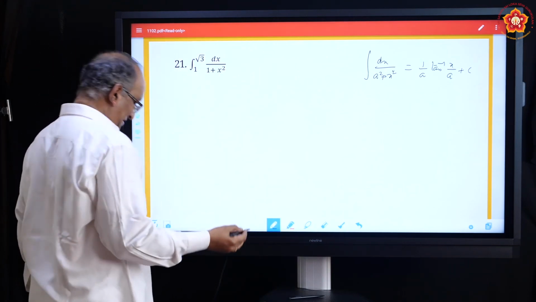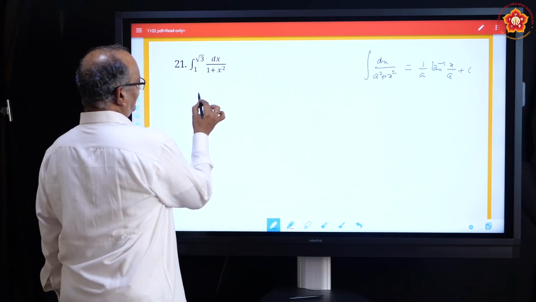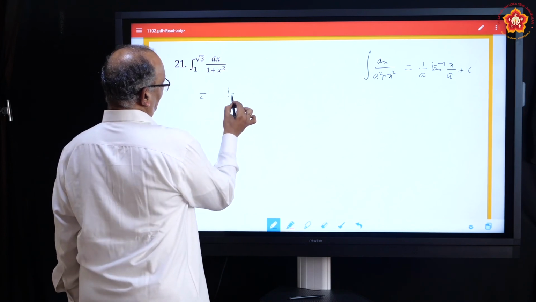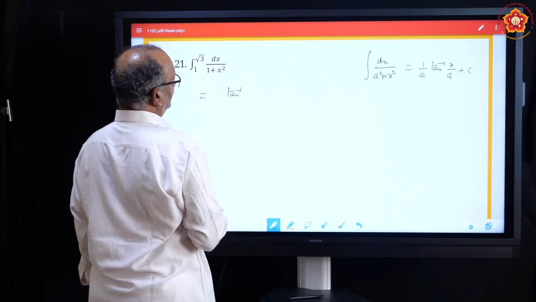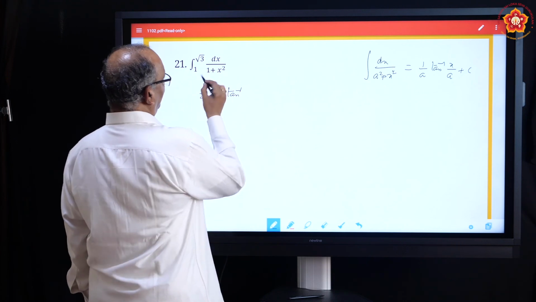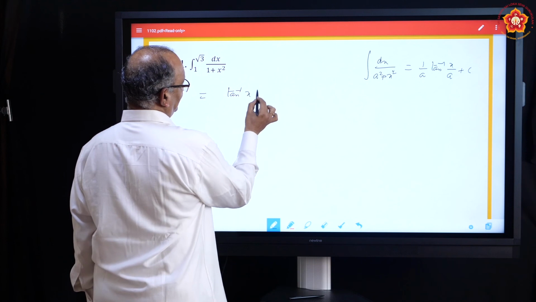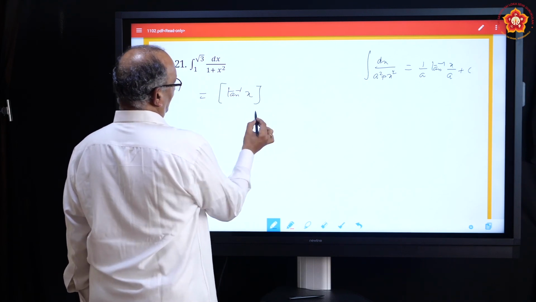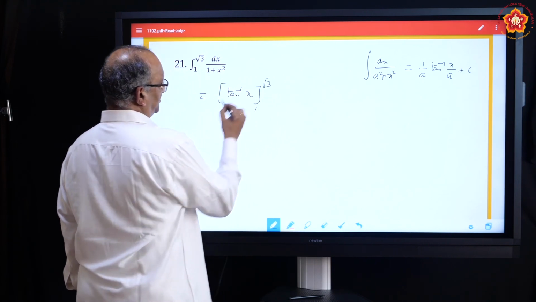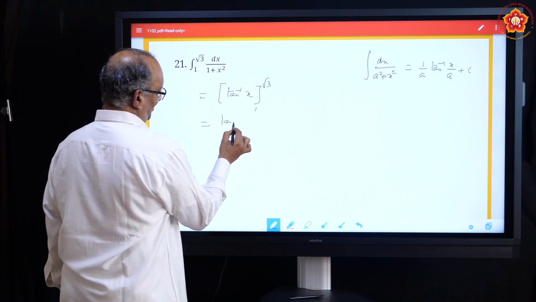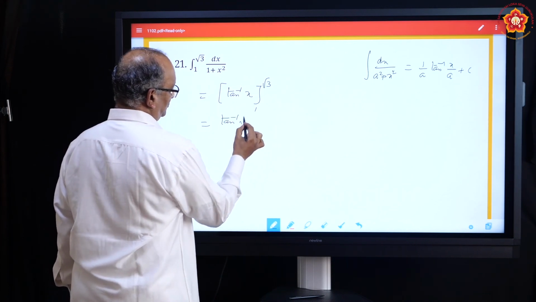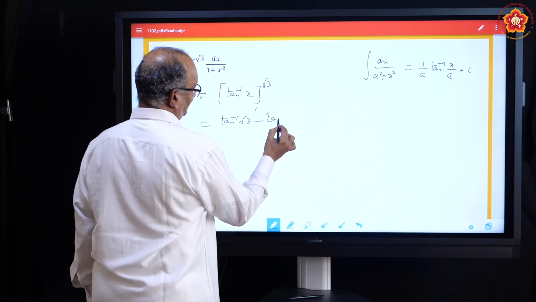So our job is much easier. So what is it? It is tan inverse 1 by a, which is anyway 1, tan inverse x, 1 to root 3. Substitute. It is tan inverse root 3 minus tan inverse 1.